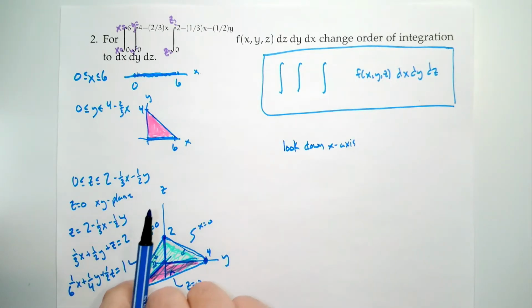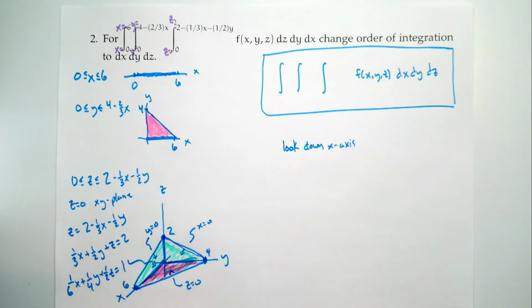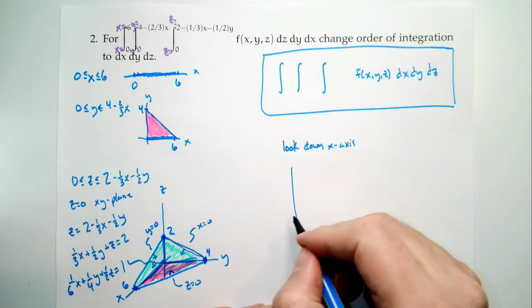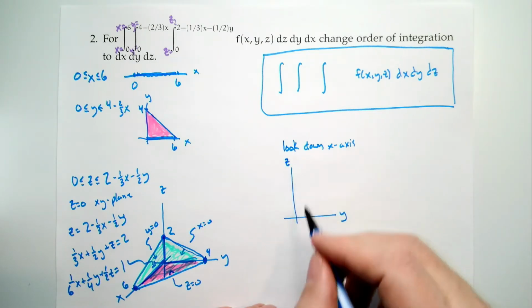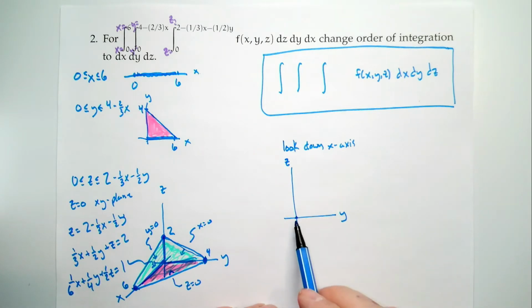So we've picked up the x-axis, we've turned it, we're looking straight down, and lo and behold, we won't see the x-axis anymore. We'll just see something in the yz plane. There's our x-axis, it's that single point. Do you see what shape we're going to see in the yz plane?